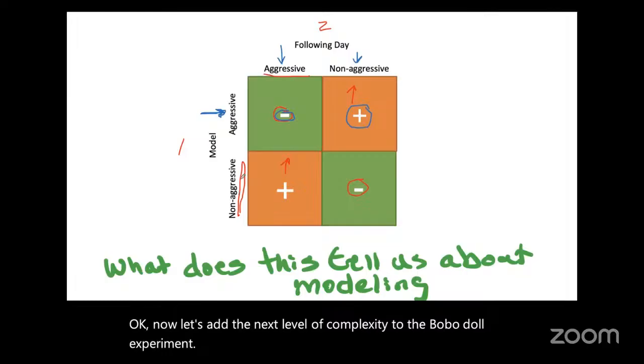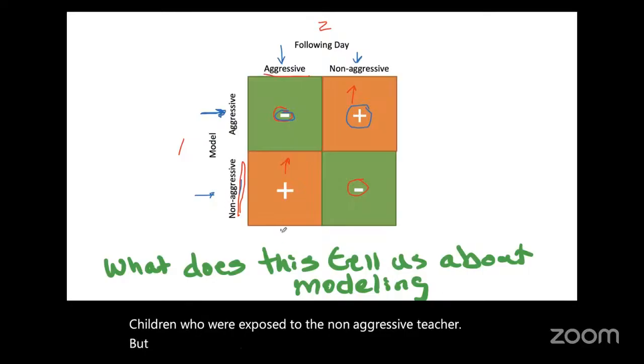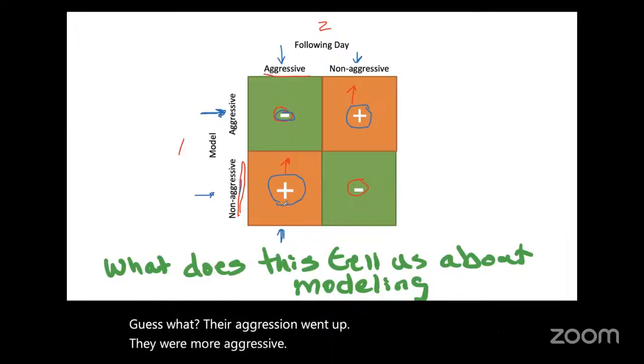Children who were exposed to the non-aggressive teacher, but then were exposed to an aggressive teacher the following day, guess what? Their aggression went up. They were more aggressive. Okay.